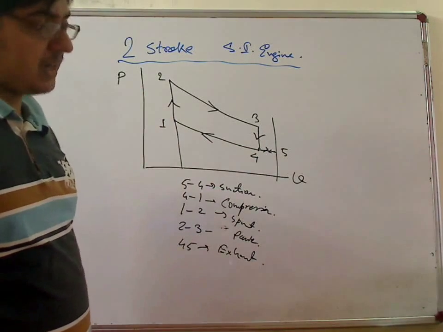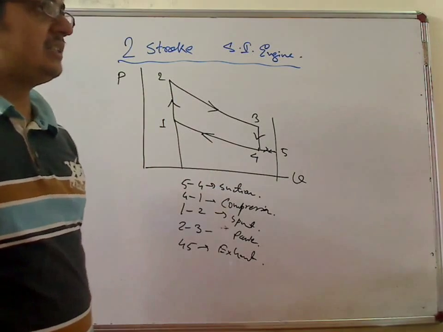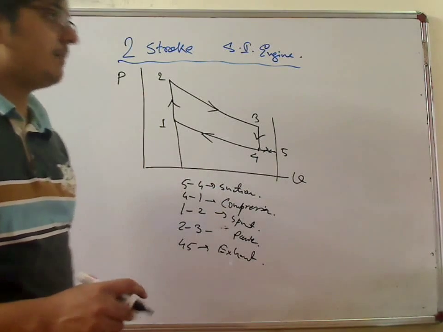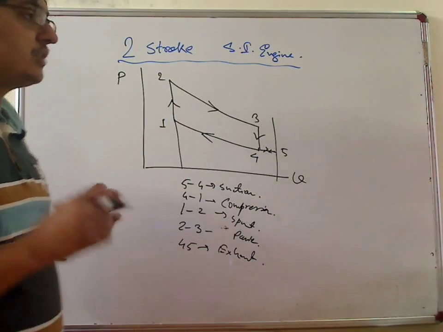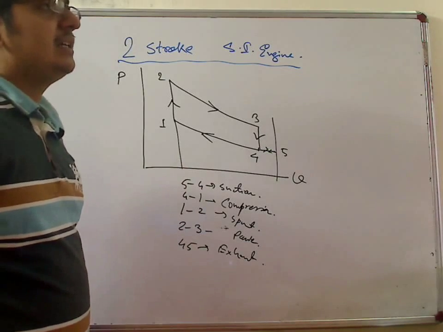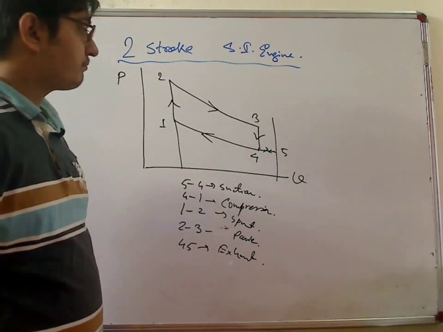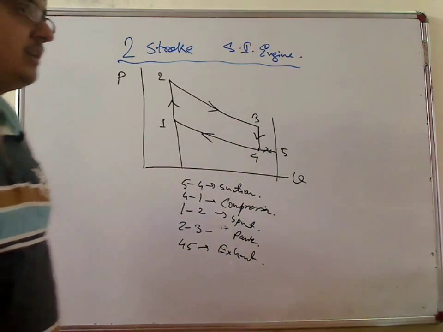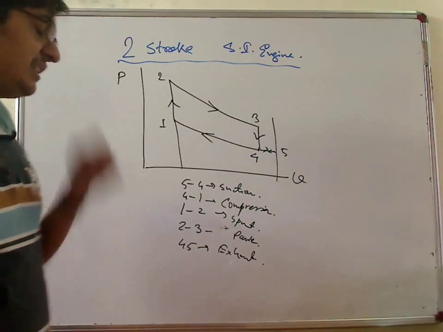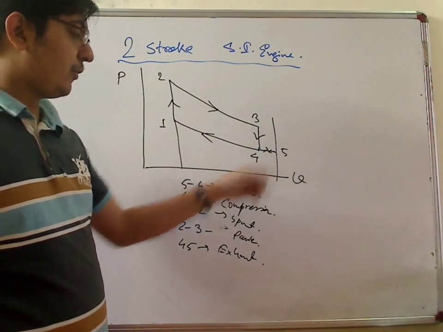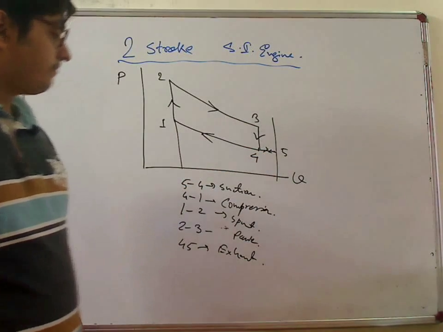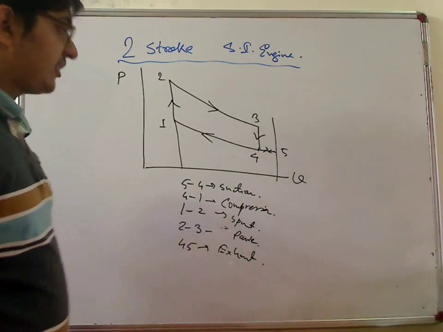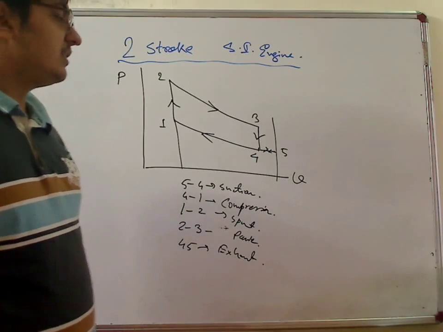So 1 to 2 is due to the spark. Then 2 to 3 is the power. Due to the combustion of the fuel and air, it produces thrust in the cylinder. Then 3 to 4, the delivery valve opens, so it reduces the pressure instantly. And from 4 to 5 is the exhaust of the burnt charge.